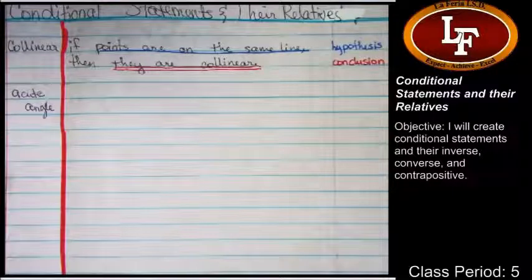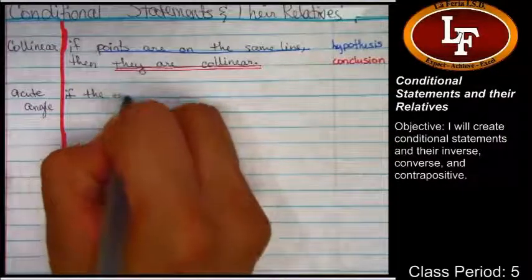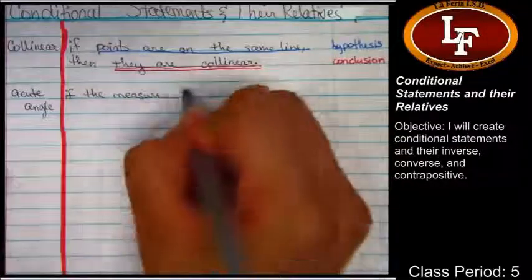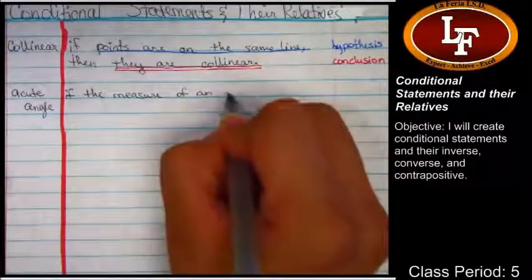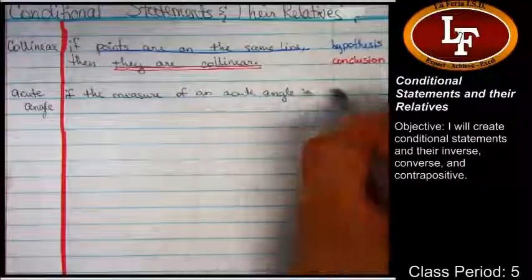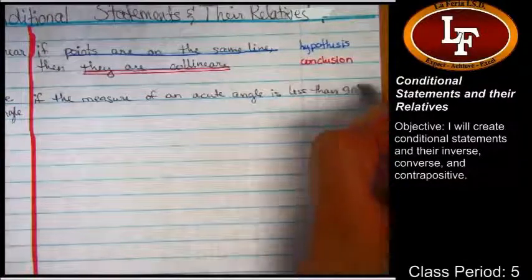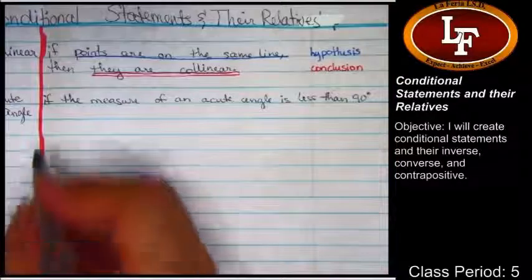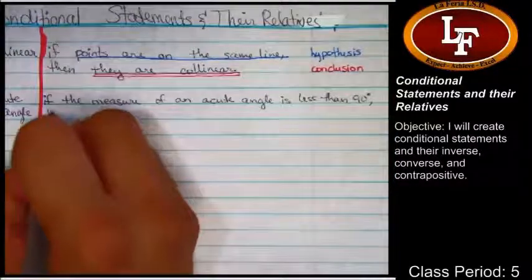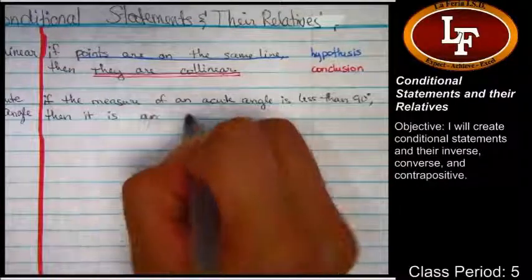So if the measure of an angle is less than 90 degrees, then it's an acute angle. Fantastic. So that's what we'll write. If the measure of an angle is less than 90 degrees, then it is an acute angle.